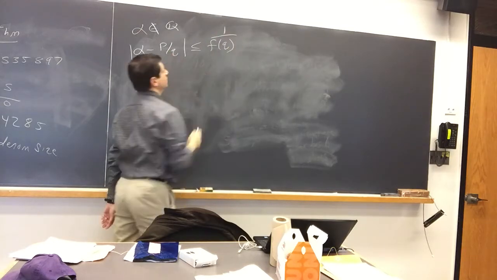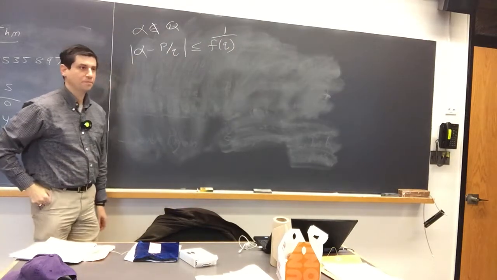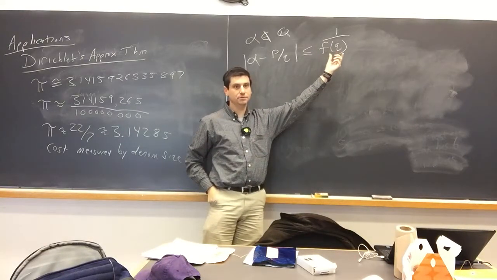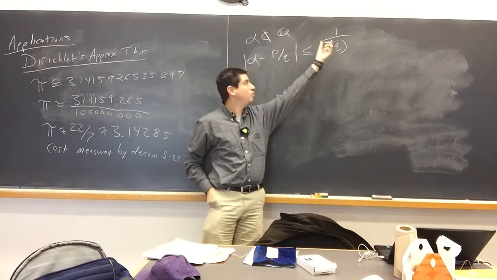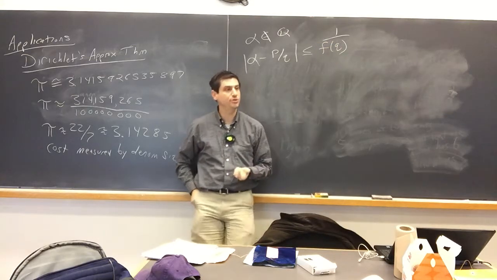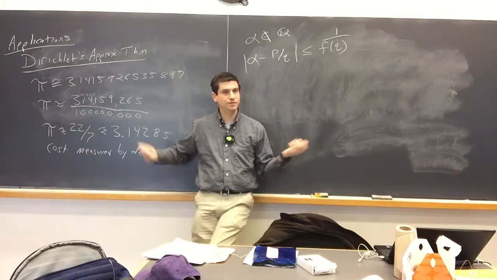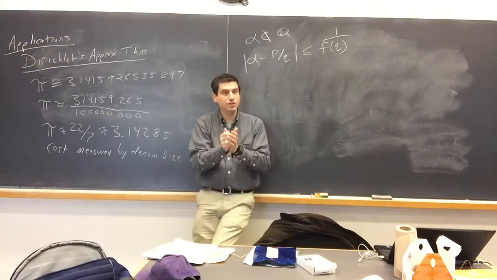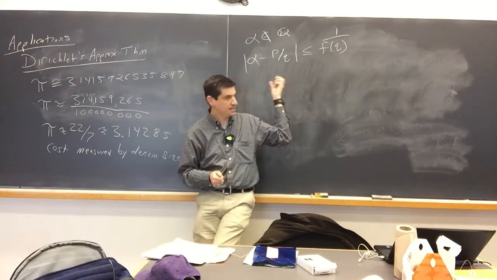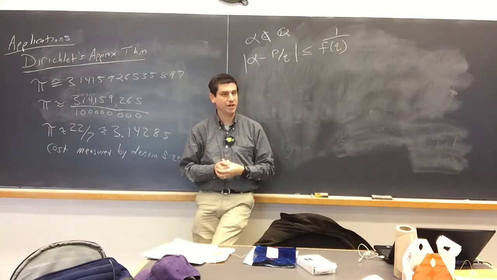Or maybe I'll do it 1 over some function of q. The larger f of q is, the better. If I have 1 over q, that's not nearly as good as 1 over q squared, which is not nearly as good as 1 over q cubed. Because if it's 1 over q cubed, it means for a given denominator, I'm getting very close relative to that cost. So it's a huge question as to how well you can approximate irrationals by rationals.